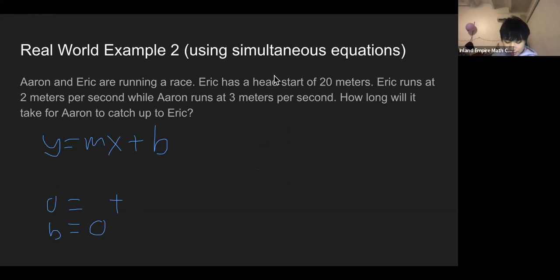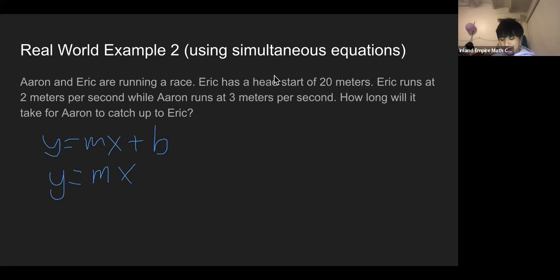All we need to do is figure out what m is. As mentioned before, m is the rate of increase. For every increase in x, there is going to be m increase in y.